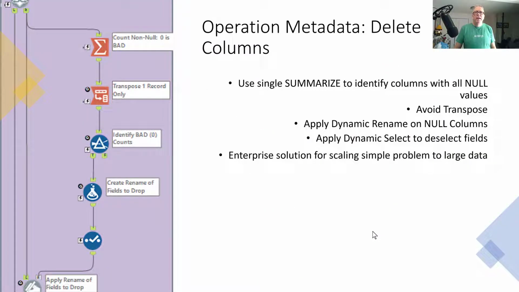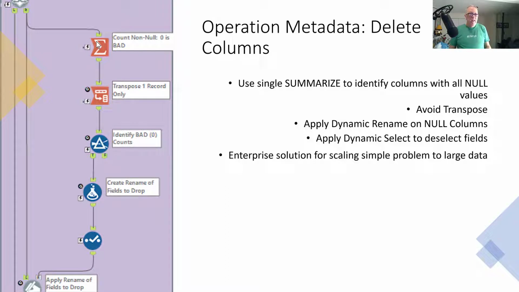Now in deleting the metadata, and we will take a look at this in Alteryx, not deleting the metadata, in deleting columns, I wanted to operate on metadata. So what I'm going to do is, I know that for every column of data I have to check: am I all null or not?